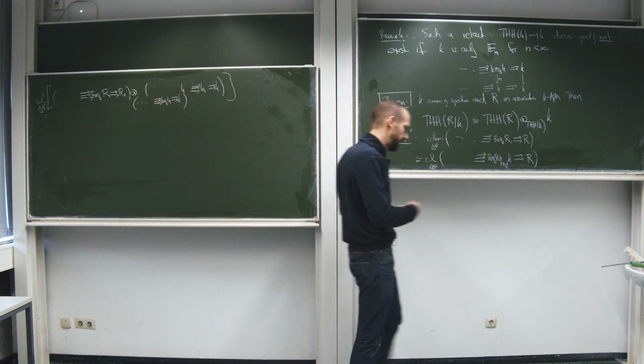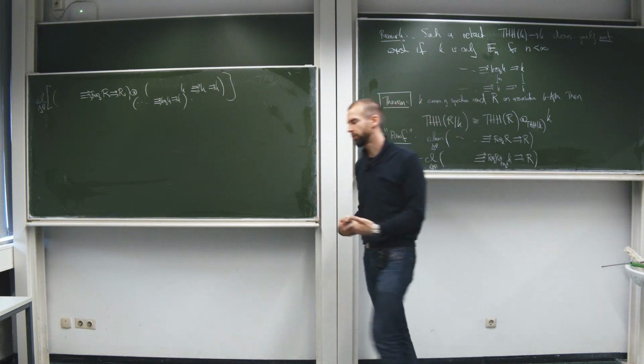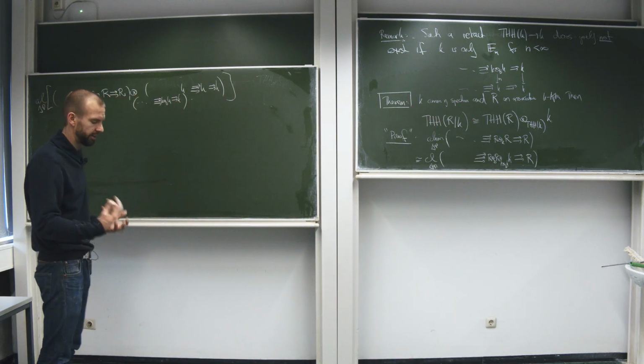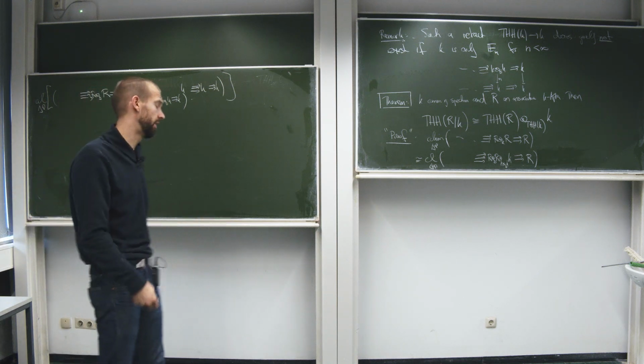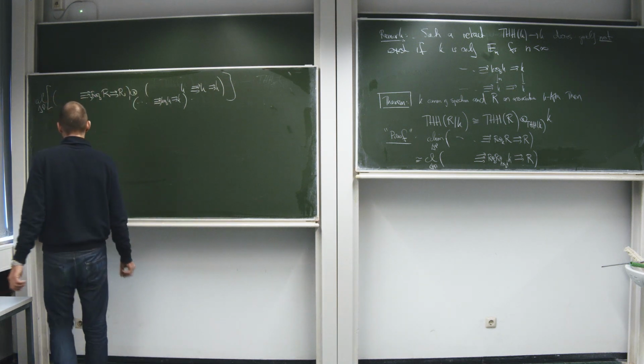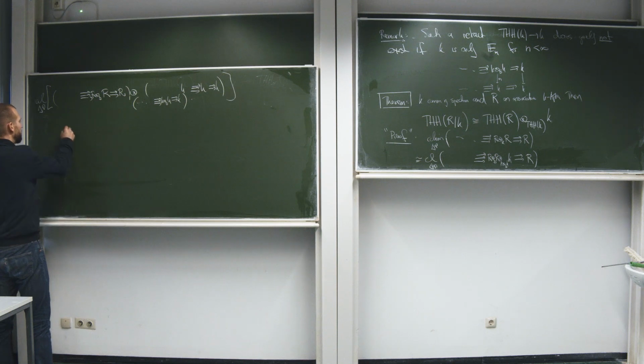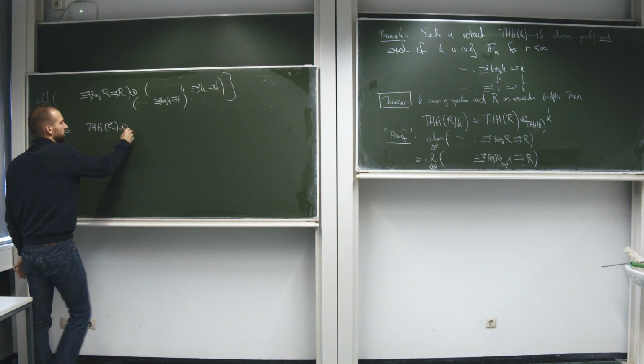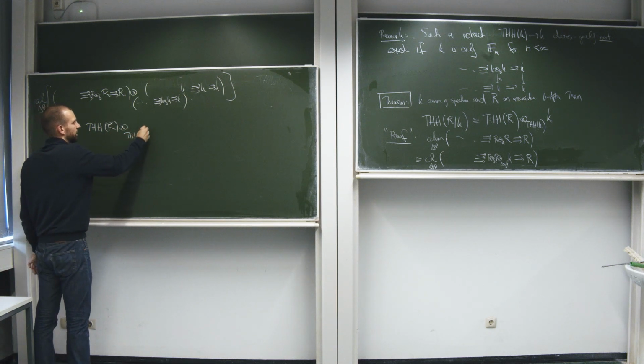This has to do with the fact that you can pull out geometric realizations out of tensor products, and not only in each variable separately, but diagonally. That is actually the crucial input about the category delta that you input here, so that you get that this is actually THH R tensored over THH K with K.